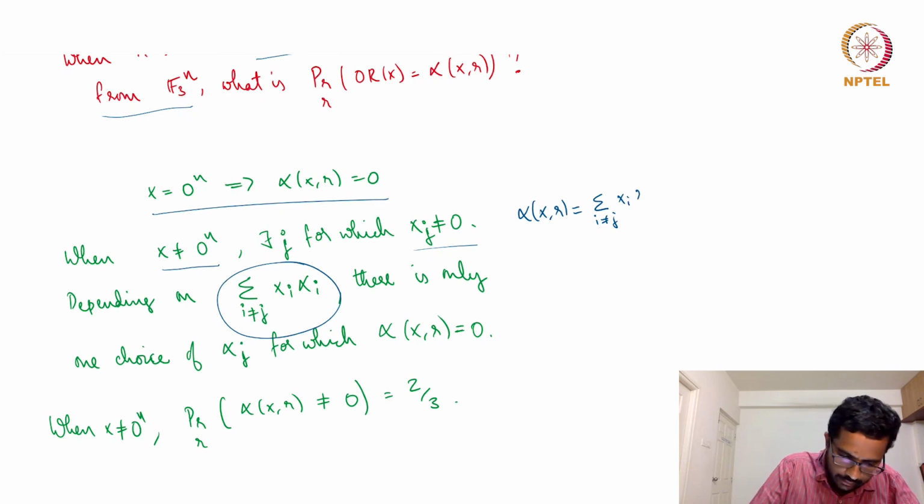Okay, there is an error here. It's x_i r_i plus x_j r_j.